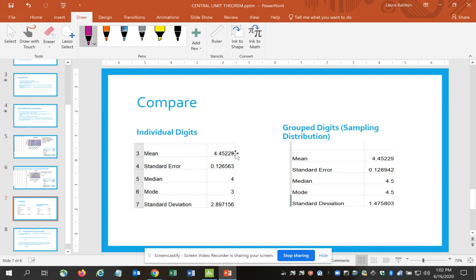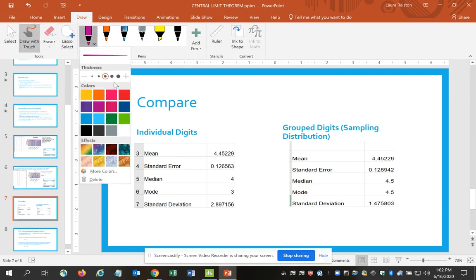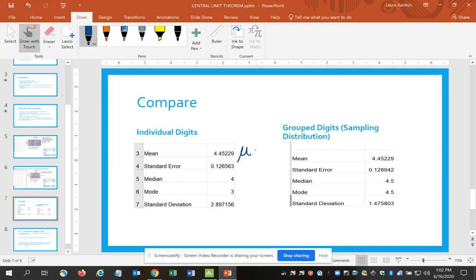So notice that the mean for the individual is equal to the mean of the group. And the way we show that it's a group, we put a little X bar as a subscript. And I've proved it to you because I've used an example, and you can see the two numbers are the same.